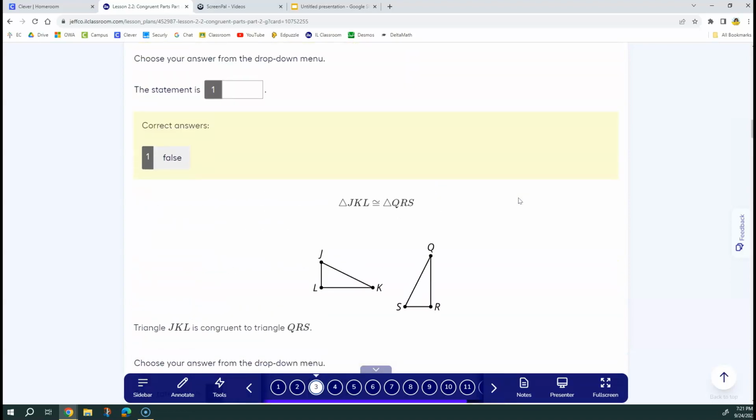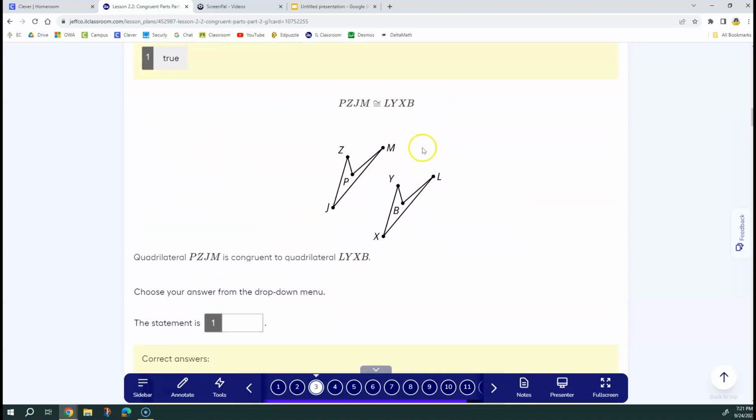Remember, we have to follow the information that we're given. It starts off with point P. So where on the second shape would we need to start in order for us to even be thinking about whether they're congruent? Where is it in the same spot?